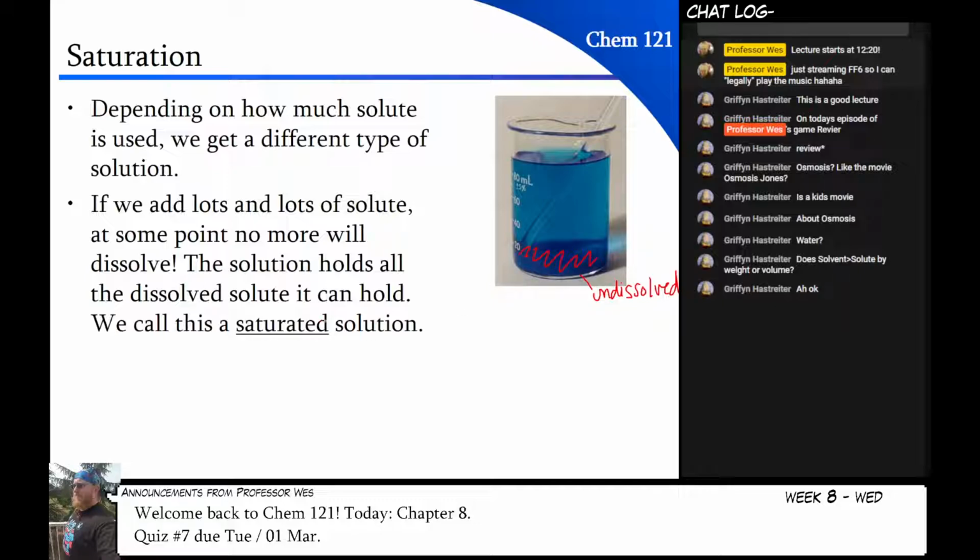We're going to call the liquid layer up here saturated. A saturated solution has the maximum amount of stuff that it can hold. That is, we cannot dissolve any more. It is not possible. It is holding its limit.